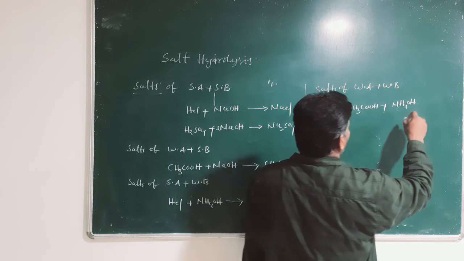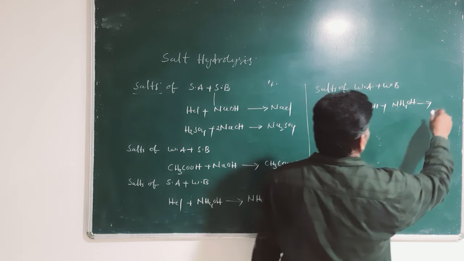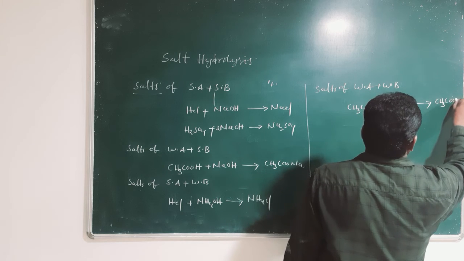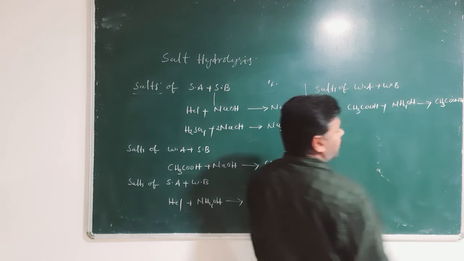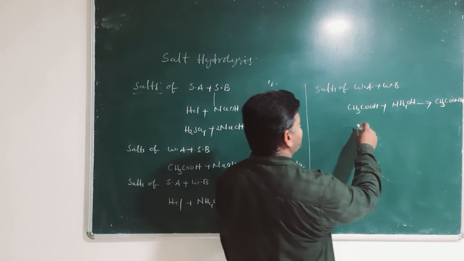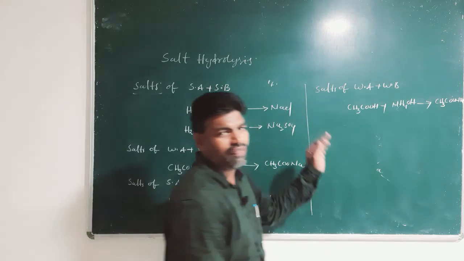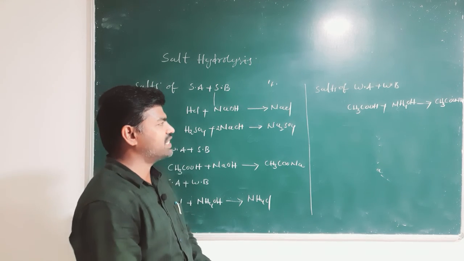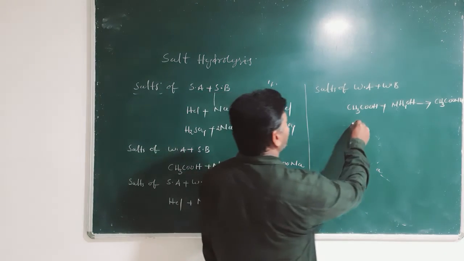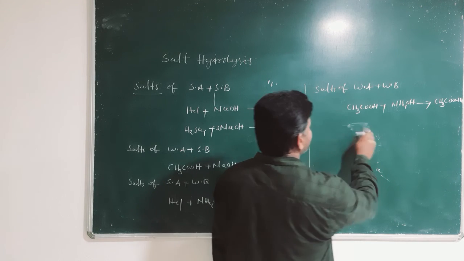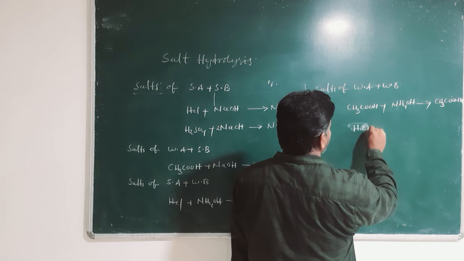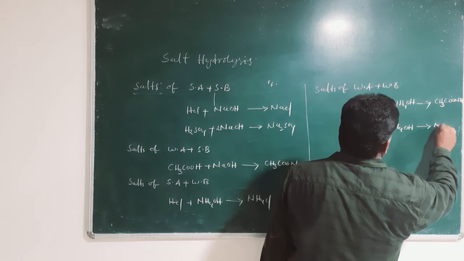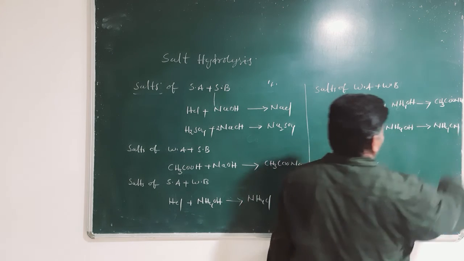Another example: HCN is a weak acid and NH4OH is a weak base, so the salt is NH4CN.